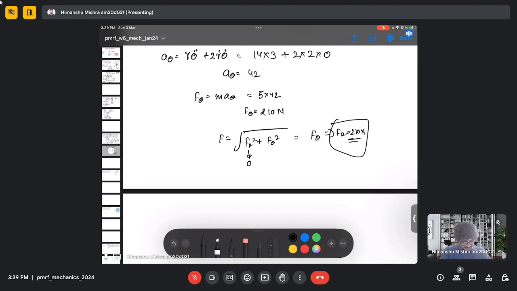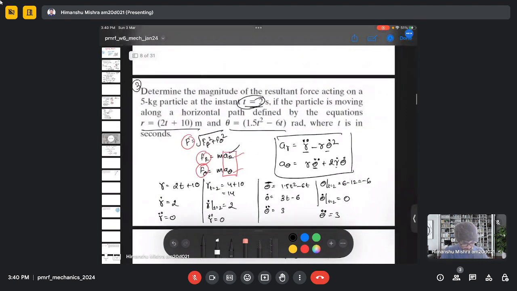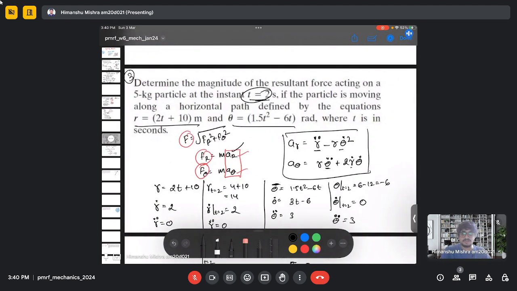Just to recap, here we have been given the expressions of r and theta, and we need to find the resultant force. In order to find the resultant force, first we need to figure out the components of force, Fr and F theta. To calculate these, we need the components of acceleration, because from Newton's second law they are directly proportional to each other.